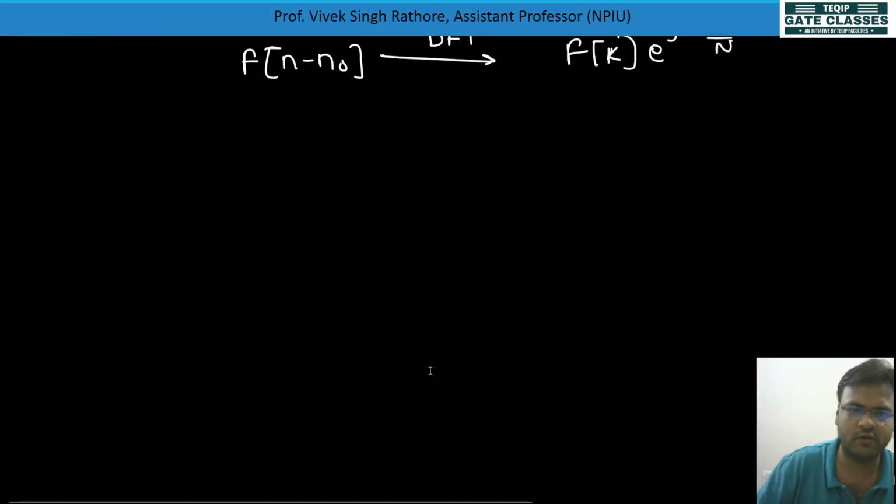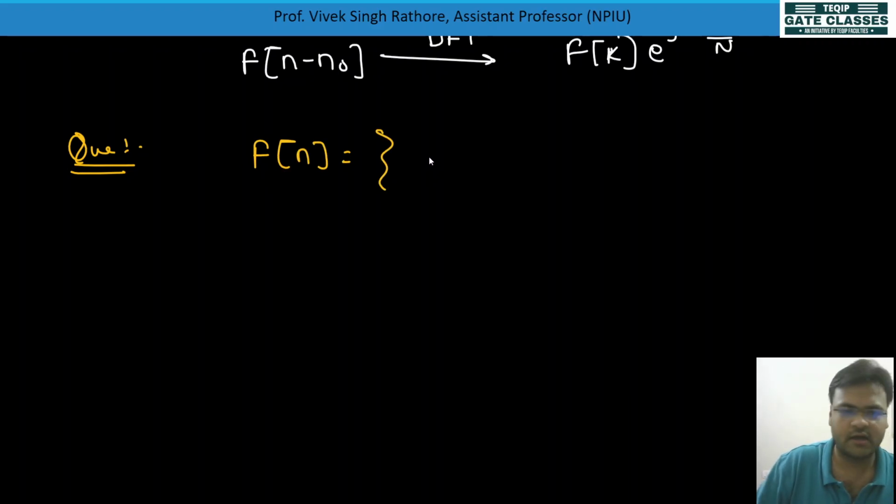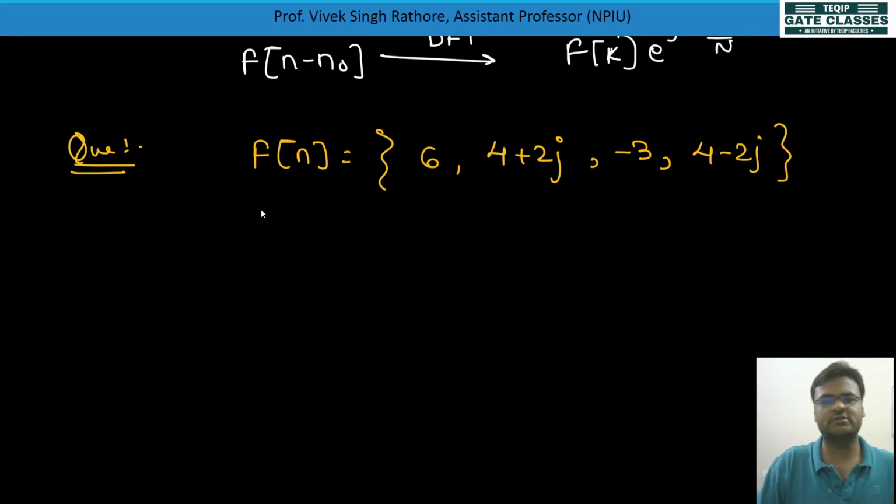Let's do one question to understand this property more deeply. You are given the values 6, 4 plus 2j, minus 3, and 4 minus 2j.